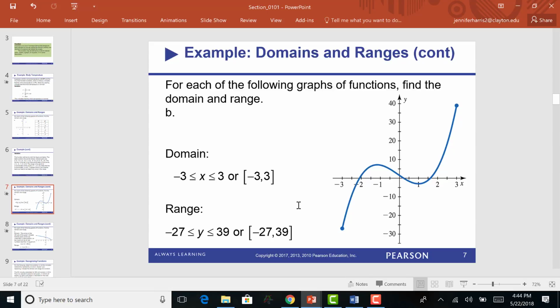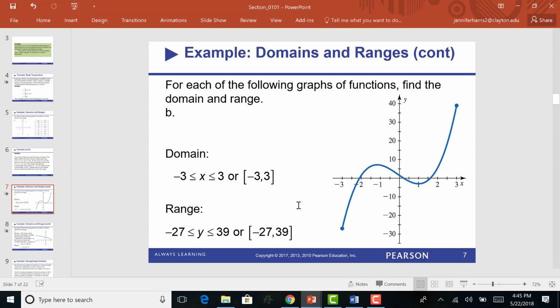Where's the bottom, the last point on that curve? Okay, it looks like it's close to -30, but they're using -27. You see, it's not quite at 30. So the bottom of that is at -27. So I've got my number here. Where's the top of it approximately? 39. They're saying 39. So I got my two numbers. Now, again, because they're closed dots, greater than or equal to.